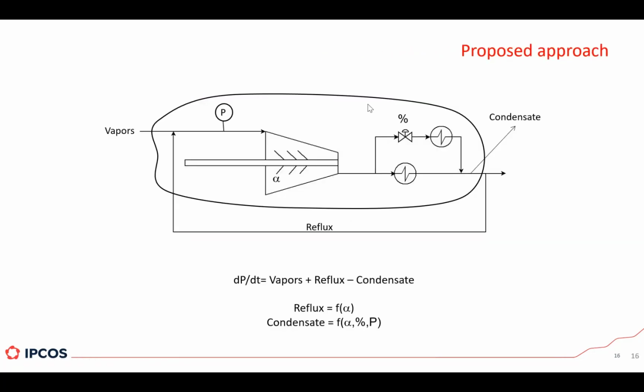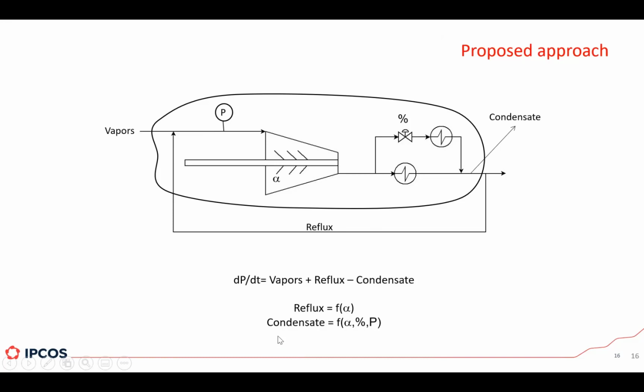So if you use the valve that controls the amount of flow that goes through that condenser, the one that uses cooling water, then you can improve your situation, because the reflux itself depends on the guide vanes, because it depends on the amount of vapors that you compress.